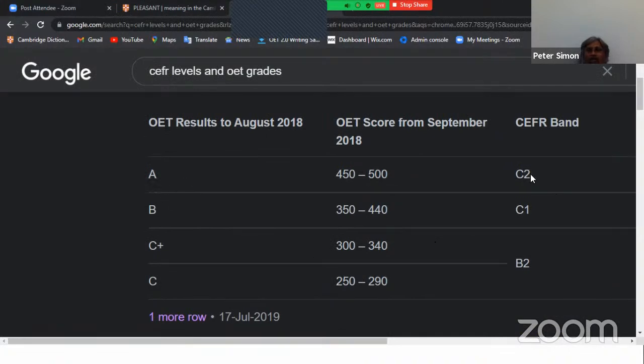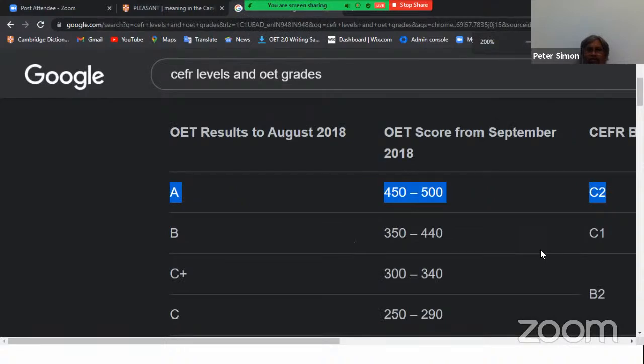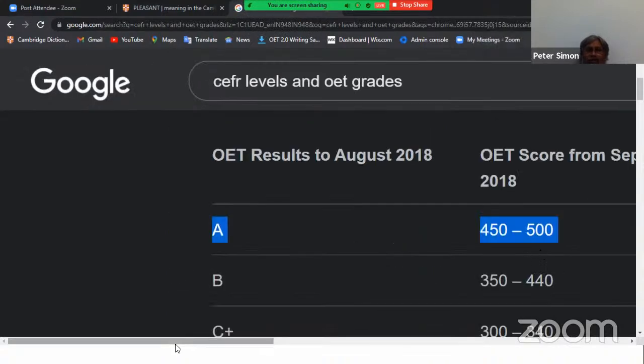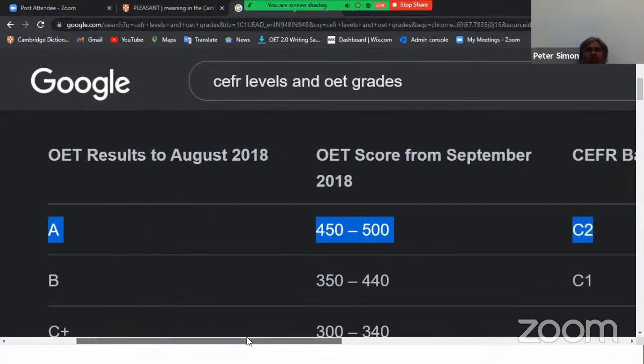C2 words. I don't know whether you can see here very clearly. I'll increase the size. So what do you mean by C2 vocabulary? You can understand it very clearly now.